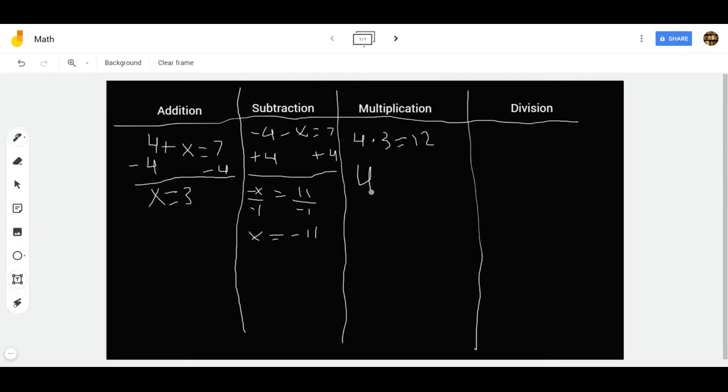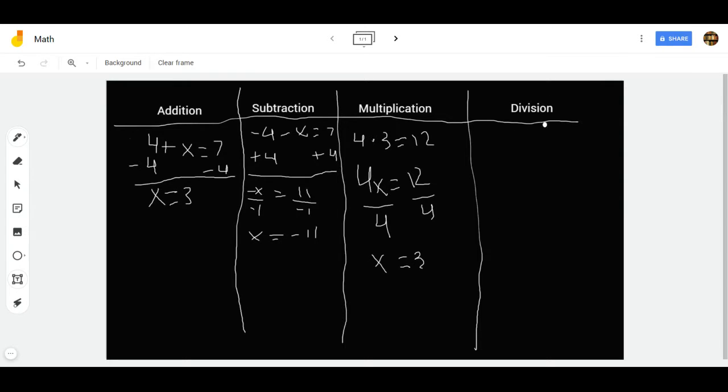Let's say we have 4 times x is equal to 12. We know that x is equal to 3, but how would you solve this? You divide both sides by 4, like we did here with x divided by 1 and 11 divided by 1. Then you're left with x is equal to 12 over 4, or 3. Hope that made sense.